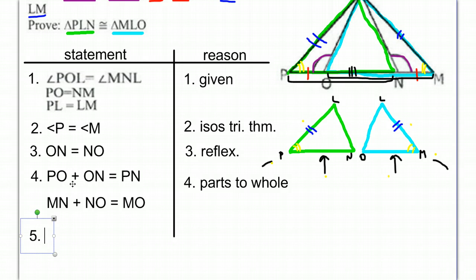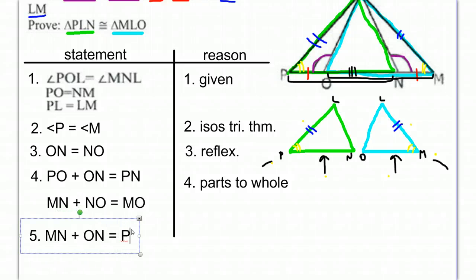So if we take PO, which is equal to MN here, and we substitute that out, then we could say that MN plus ON equals PN. The reason I did that was PO right here is equal to MN right here. So I just substituted and rewrote that first statement.